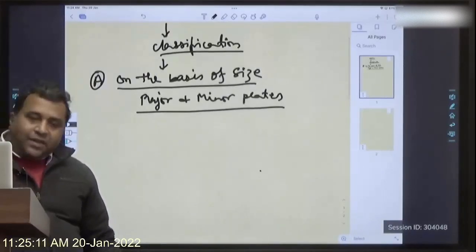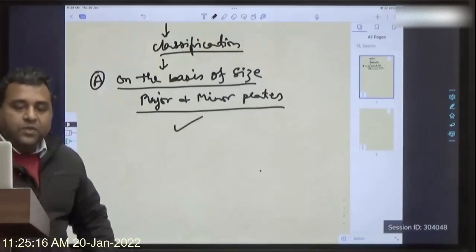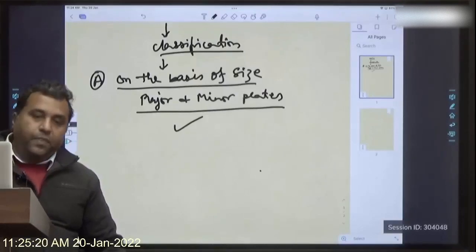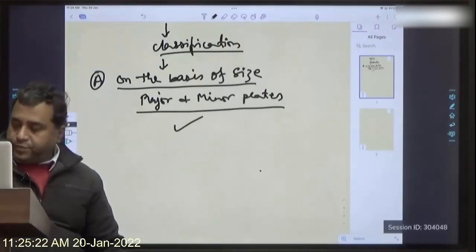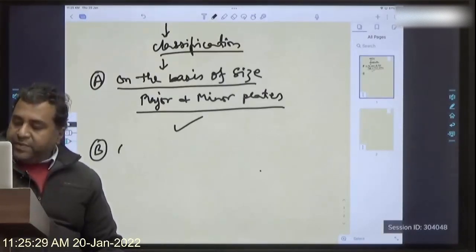Now there are other classifications also. This one we have already done, major and minor plate. So then write down, there are other classifications of the plates also. For example, the NCERT classification.